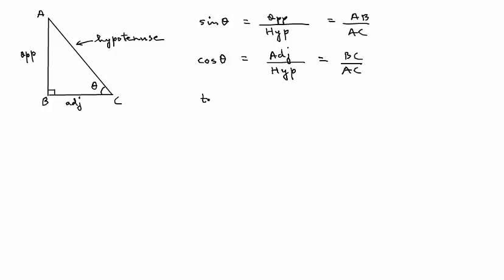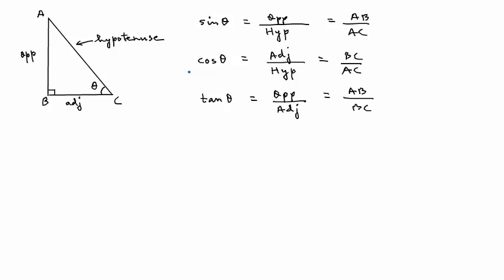And one more, I promise this is the last one for the time being though. Tan theta is defined as the ratio of the opposite to the adjacent. So this is opposite over adjacent. In this case, for theta, this is AB over BC.